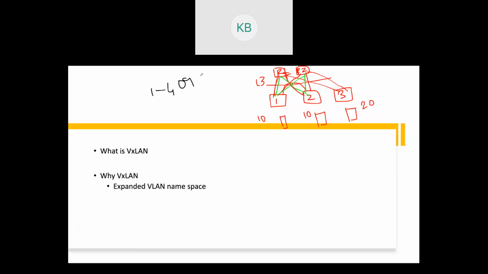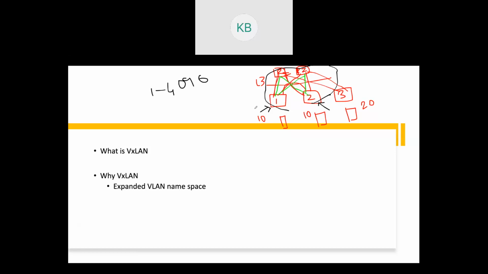Now, the problem you encounter is, if this is one spanning tree domain, and you have a customer here in VLAN 10 and another customer who is also trying to connect to your network but on a different switch, you cannot assign the VLAN 10 number to that particular client.